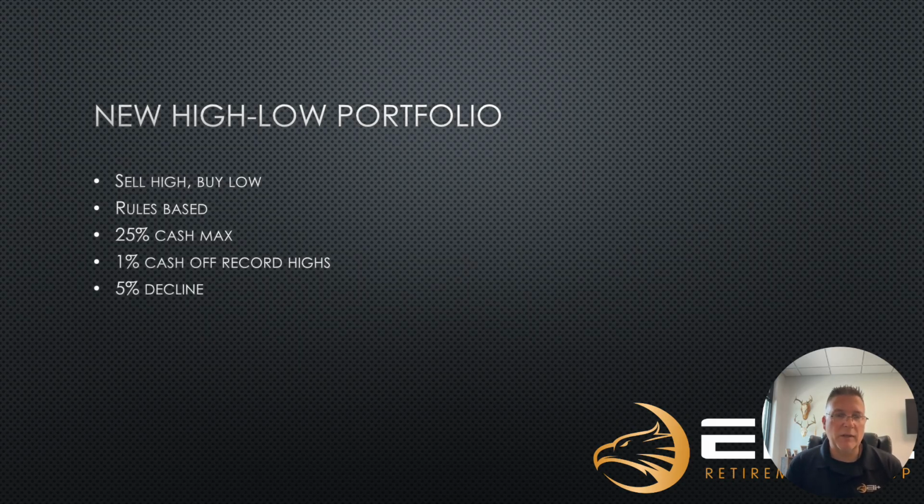So 1% total of the account balance will go into cash, and we can only have a maximum of 25% cash accumulate in there. So if we had many weeks in a row of record highs being reached by the end of the week, then we would potentially get up to 25% cash. The warning I give folks that want to invest in this is that when the market's going up in a really strong long bull run, you're probably going to miss out on some of the upside.